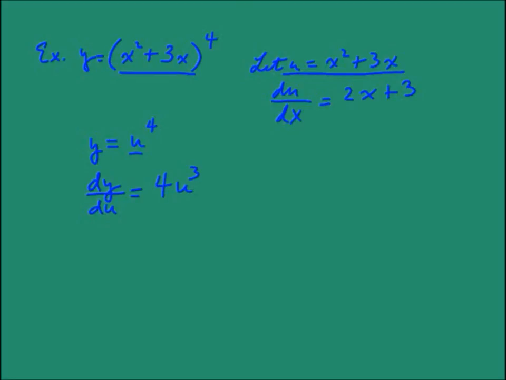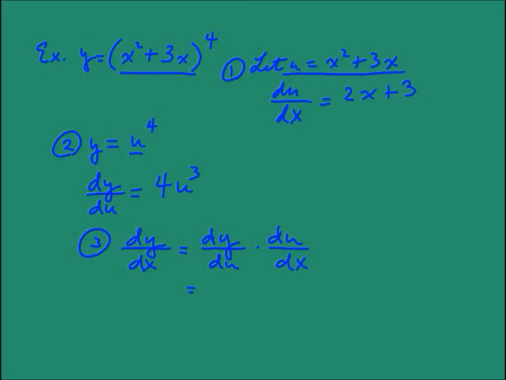Okay. So we could think of this as step 1, we could think of this as step 2, and the third and final step would be take the derivative of the entire function, which is the derivative dy du multiplied by the derivative du dx.